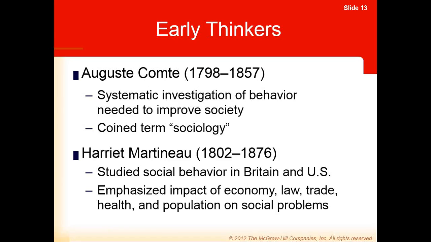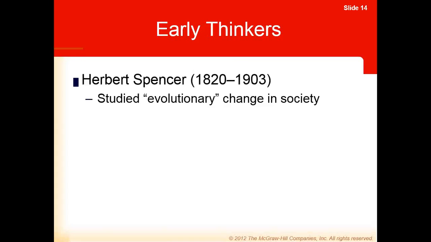Very much an early feminist, she falls into the conflict theorist approach, whereas Comte would be more of a functionalist, looking at how society functions. This is a little bit before we get the development of those theoretical paradigms, though.